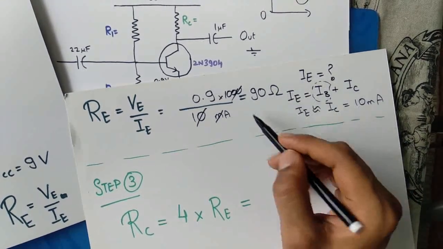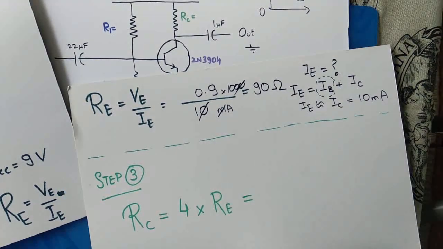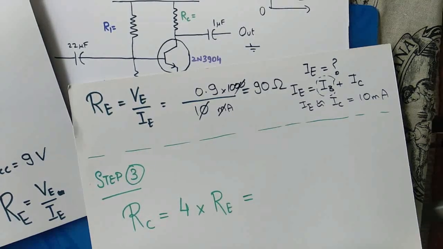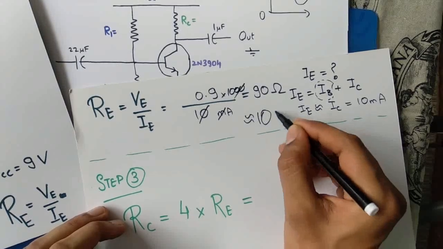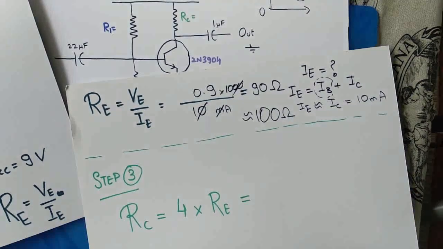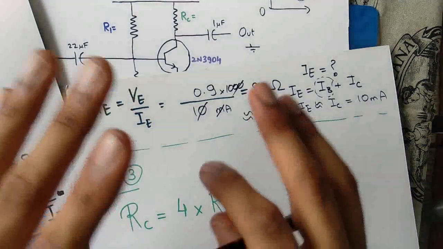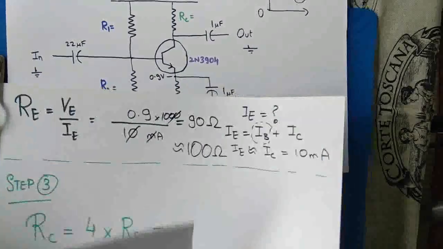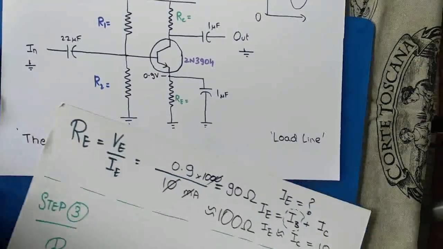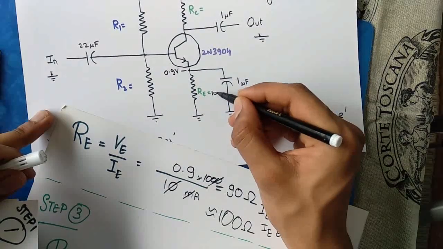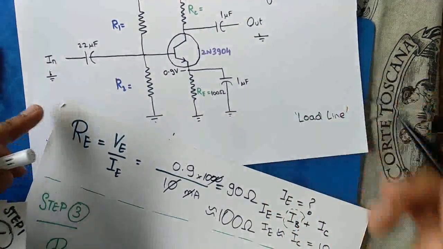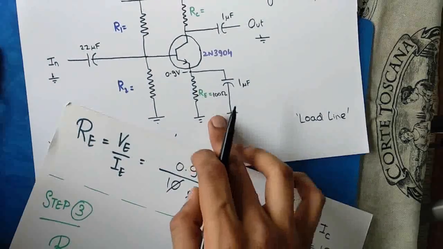We don't have a 90 ohm resistor, so we can simply approximate this to maybe 100 ohms. So our emitter resistance should be 100 ohms. Okay, so we have decided one resistor.